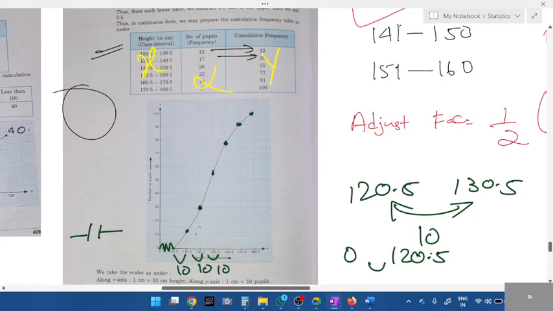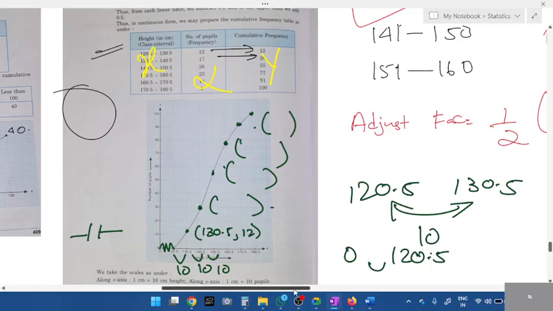Mark it like this and write it very small, 130.5 to 12. Just write all those values. So this is the Ogive graph completed. We have done all three types of methods using four different types of questions.